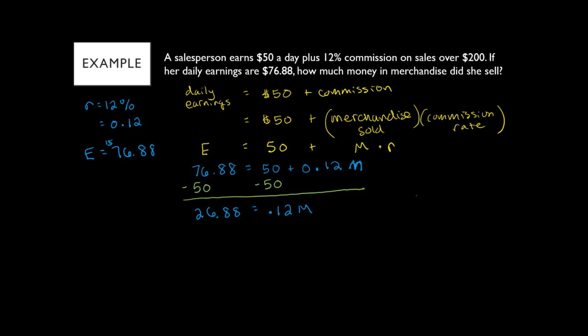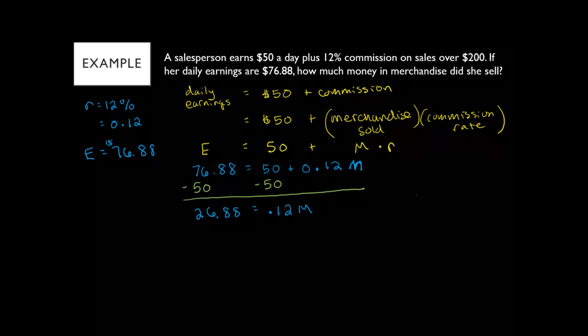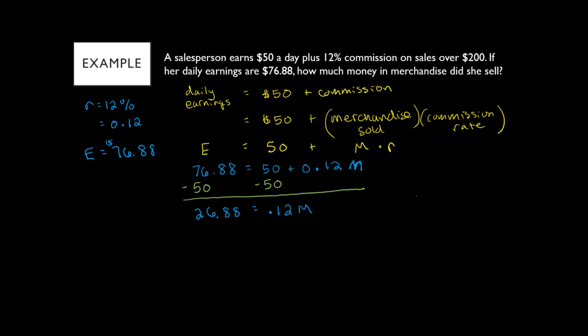So now I've got this number in front of the M, and the 0.12 is multiplied by M. So to get rid of it, we divide it. We do the opposite. So we always write that as a fraction. It's just generally how we write our work here. So we're going to indicate that we are dividing both sides by 0.12. And this gives me 224 equals M. So M is the amount of merchandise that was sold.